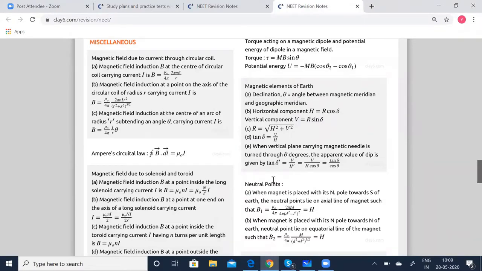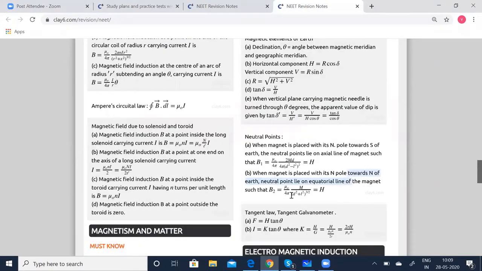You can compare that to this. So when the magnet is placed with its north pole towards N of the Earth, then the neutral point lies on the equatorial line of the magnet, such that V2 is equal to mu0 by 4 pi into M by (d squared plus L squared) to the power of 3 by 2, which is equal to H.